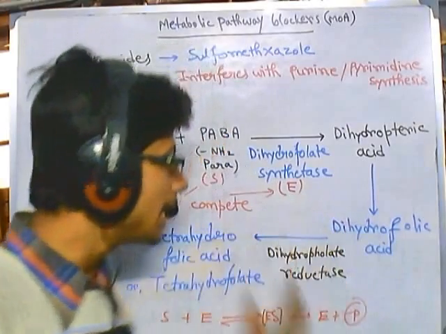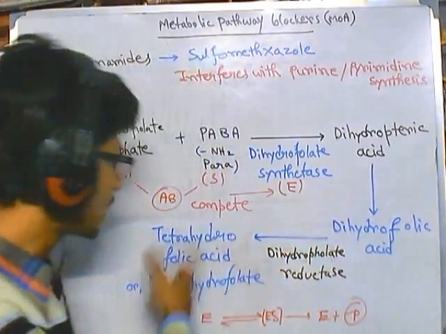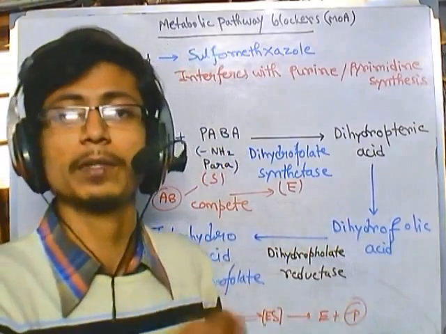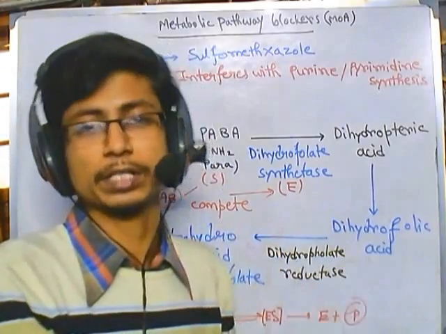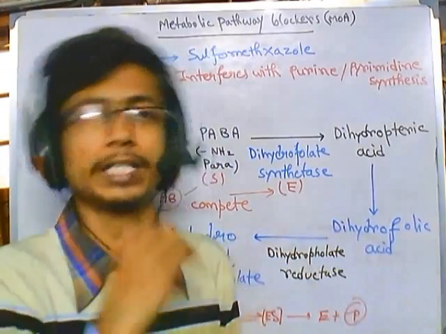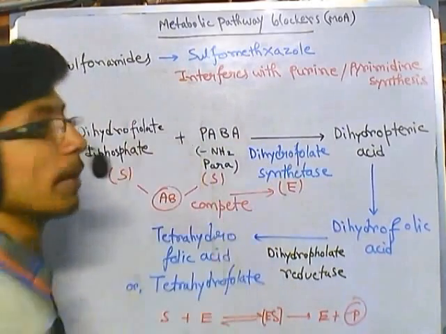Now if there is a lesser amount of purines, pyrimidines or nucleotides present, the process of replication and transcription will be halted, and that's what is done by the sulfonamide antibiotics.